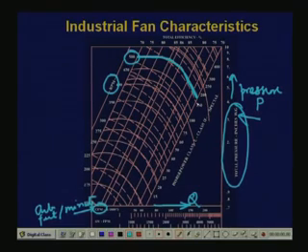On the other hand, look at these dotted lines. This dotted line says 150. These are constant horsepower lines.